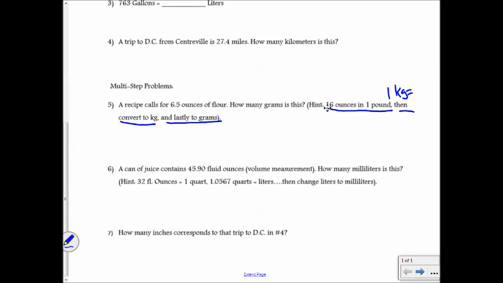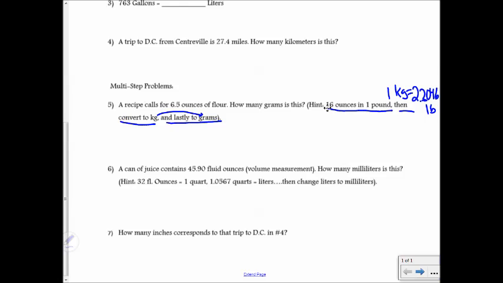So 1 kilogram equals 2.2046 pounds. Good. And then from kilograms, we're going to be able to go to grams. So we'll do a King Henry died by drinking chocolate milk at that point. But let's start at the beginning.